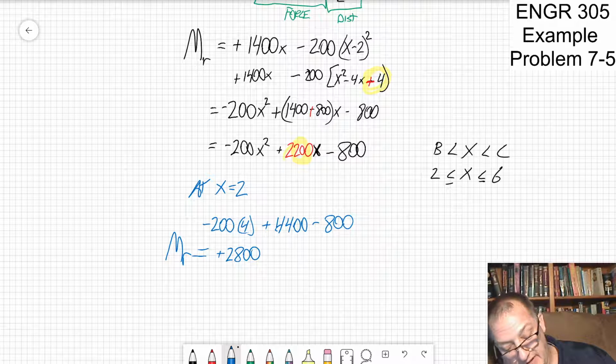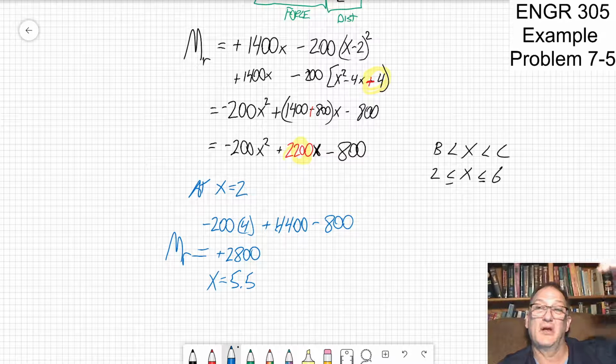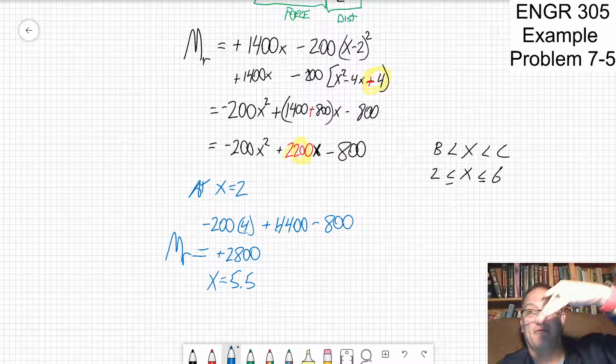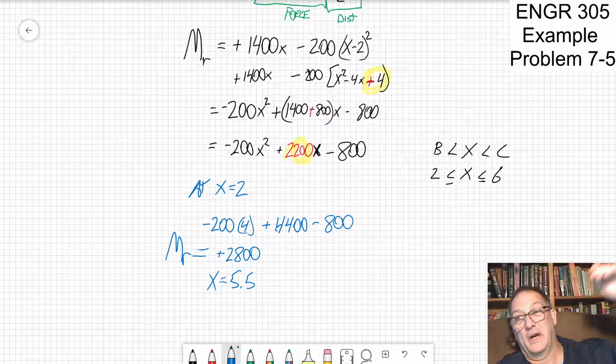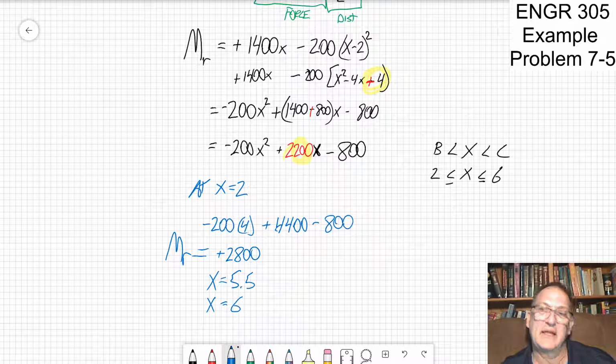I really ought to evaluate this at x equals 5.5. Why do I say that? Well, because that's where my shear went from positive to negative. That's where it crossed that 0 point. So that's important. And then I should also evaluate it at x equals 6. Well, let me do that a sec, and then I'll tell you the numbers, and then we can go on. But that'll save us some time.